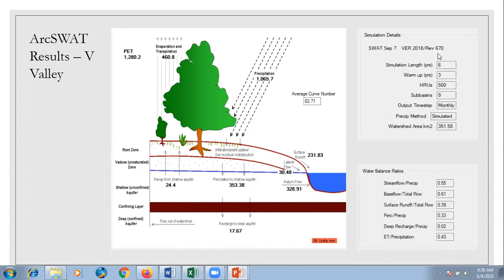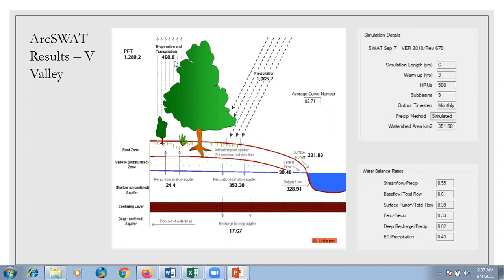Based on that, the precipitation it takes for one particular run, the annual precipitation value, is shown here: 1065.7.